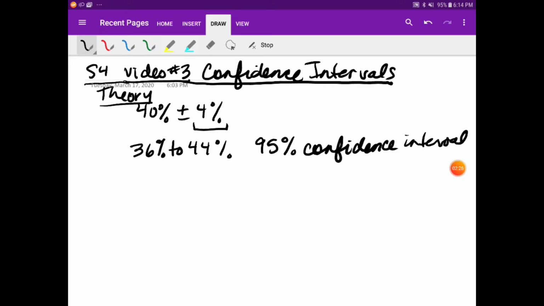I'm not exactly sure that it's going to be perfectly 44%, but if I say plus or minus 4%, then that's basically the margin of error, and you're saying, well, I'm not going to be perfect, but I'm 95% sure it's going to be within this. So you can also go up to 99%, based on how wide you want your interval. So it's kind of interesting, and it's called a confidence interval.